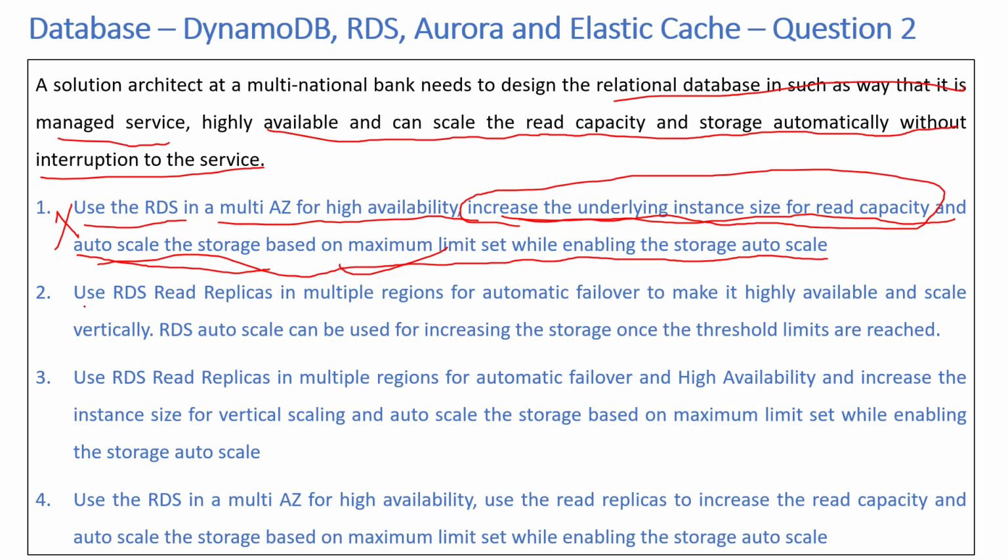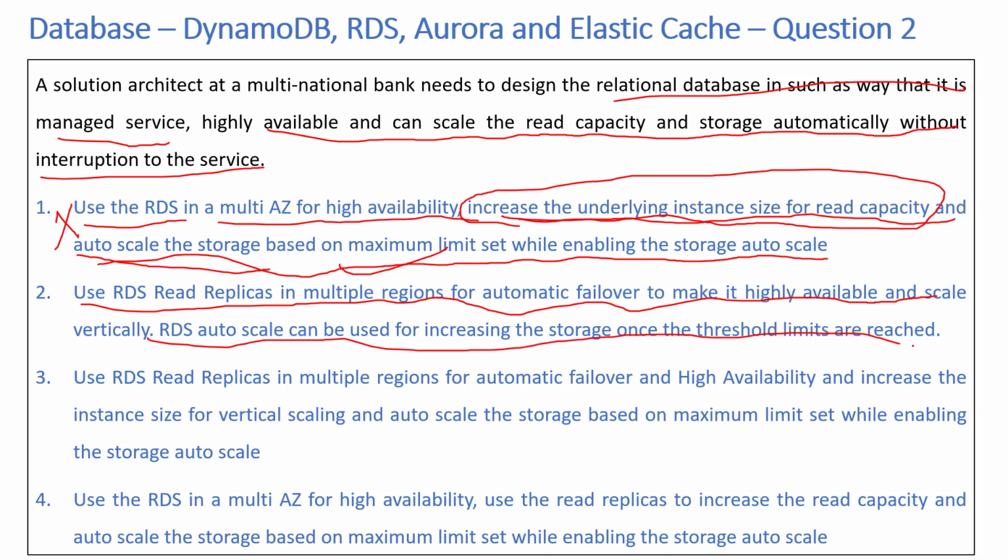Okay, now let's look at the second one. Use read replicas in multi-region for automatic failover to make it highly available and scale vertically. RDS auto scale can be used to increase the storage once the threshold limits are reached. So okay, the auto scale you can do, but we also need to increase the read replicas. So it's talking about using the read replicas in multiple regions for an automatic failover.